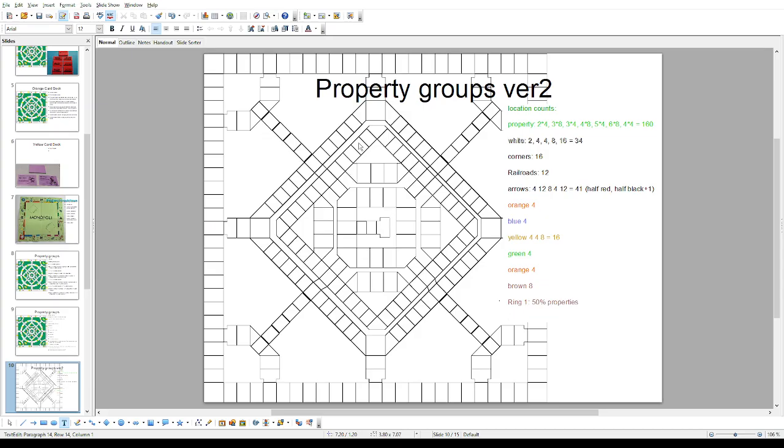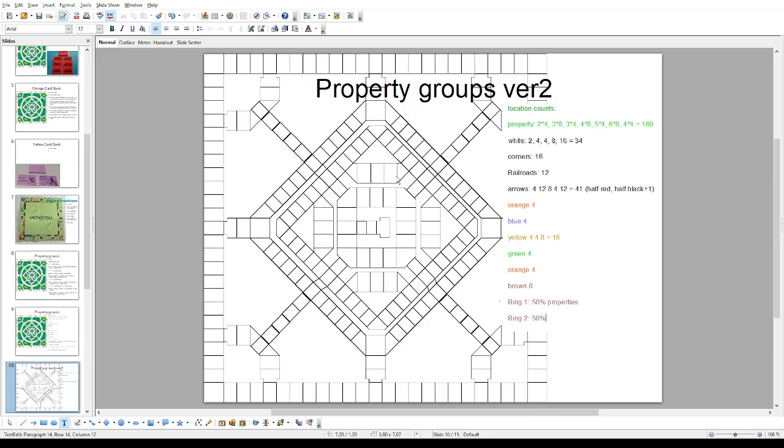Now, let's math that though. 1, 2, 3, 4, 5, 6, 7, 8, 9, 10, 11, 12. That is half of each side being properties. However, as a minor footnote, the subrings, which are these parts here, are going to have 3 property groups in them as well.